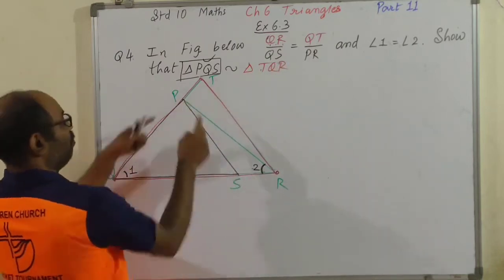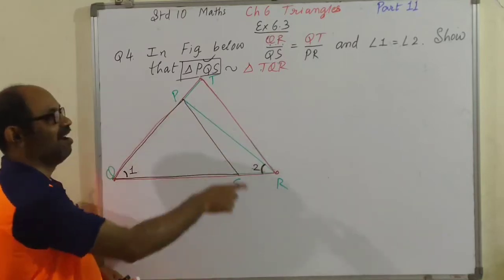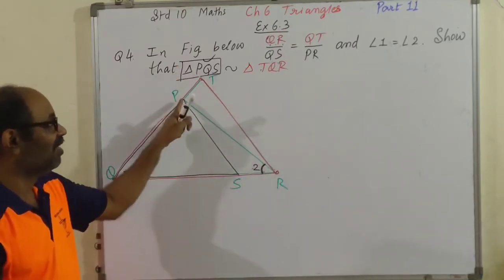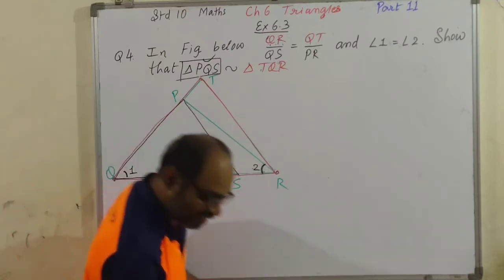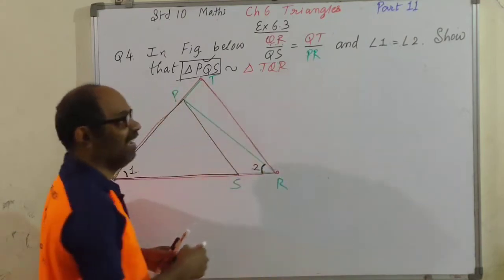And PR, sorry, PR is not a black side. Triangle PQS का PR black side नहीं है. PR तो कुछ अलग ही कलर का है.